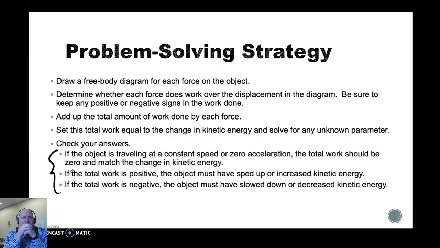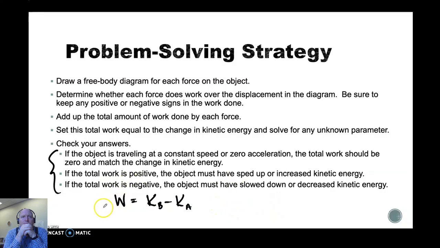If the total work is positive, the object must have sped up or increased in kinetic energy. If the total work is negative, the object must have slowed down or decreased in kinetic energy. Okay, so this makes sense since work is equal to K_B minus K_A, right?